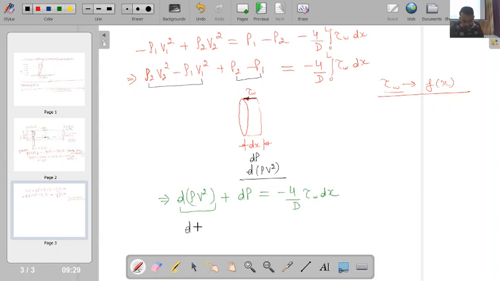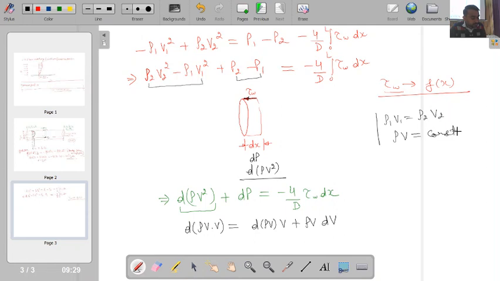Now let's take out this first term and write it in a different way. This first term I can write as d of rho v times v, the derivative of u into v, which forms d of rho v into v plus rho v of dv. Now we have seen from the continuity equation that rho 1 v1 is equal to rho 2 v2. The meaning of this is that for this particular pipe, the product of rho into v is constant.